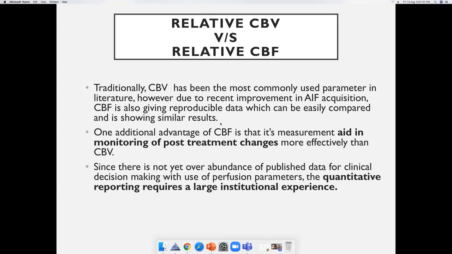I have more experience of 5 to 6 years in CBF, so I go with CBF. Vendors have improved AIF like anything, so I'm okay with CBF. Since there is not yet an overabundance of published data for clinical decision making with use of perfusion parameters, the quantitative reporting requires an institutional experience.